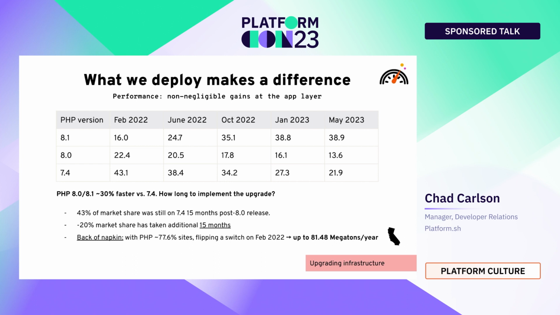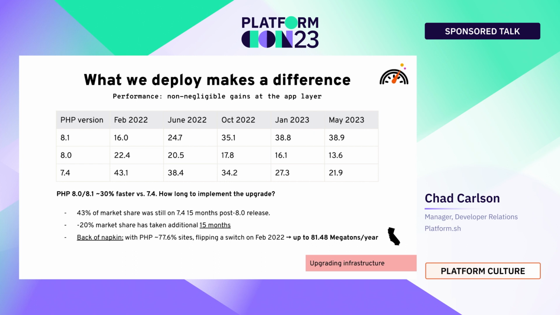And I tried to do a little comparison of what this 81.5 megatons looks like, because it's just a number from a scratch math calculation to begin with. And as some sort of context, a single car is estimated at putting out about 5 tons of carbon dioxide a year.